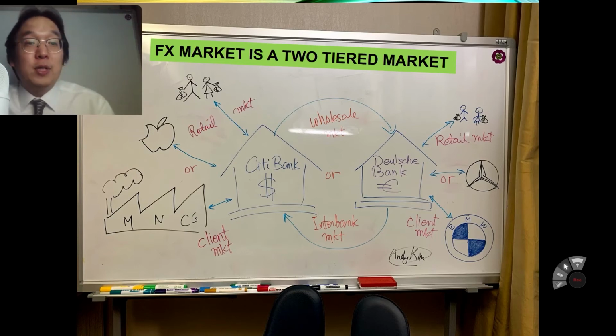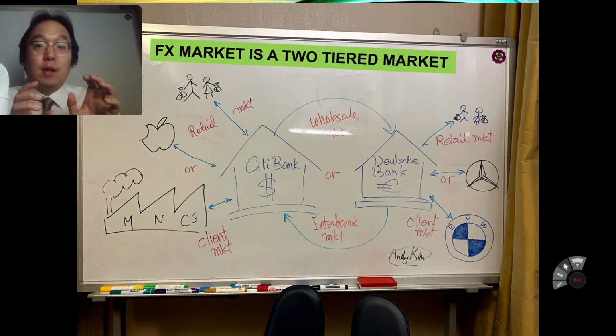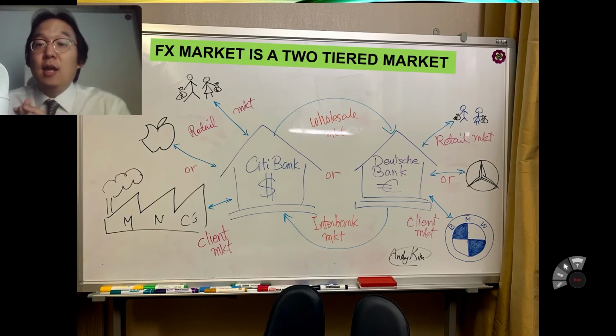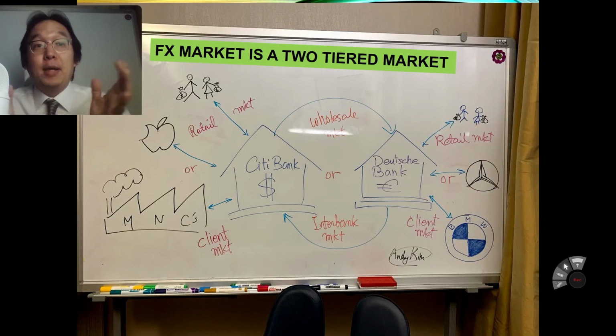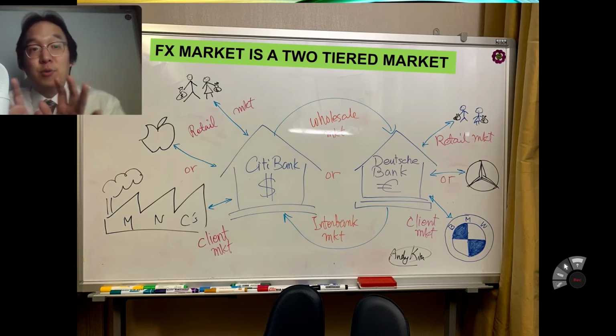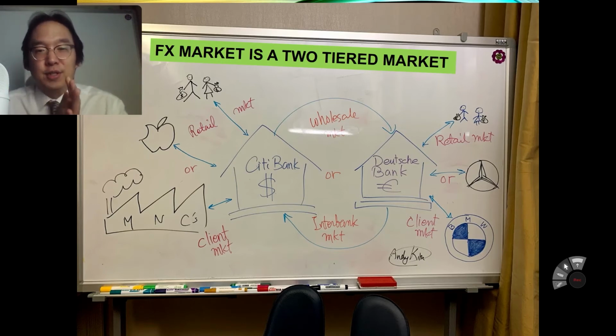Interbank, which means bank to bank, right? In this picture, Citibank versus Deutsche Bank, right? Citibank in the United States and Deutsche Bank in Europe. Big institutions, right? They transact the currencies with each other, okay? The FX market. This is wholesale, 도매금융시장, in Korean terminology.